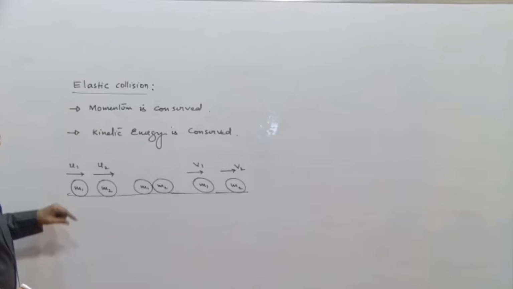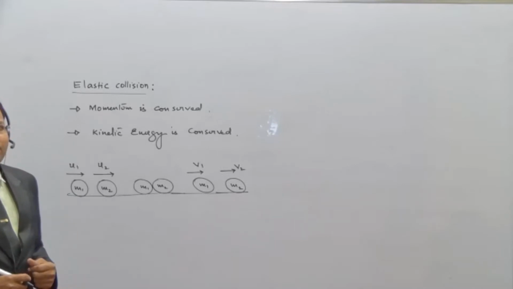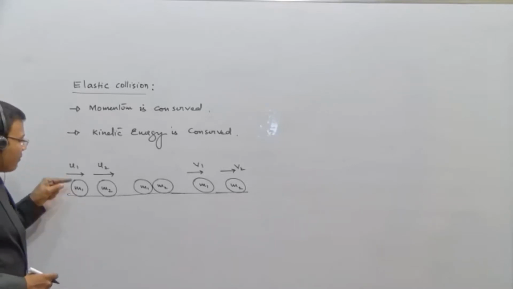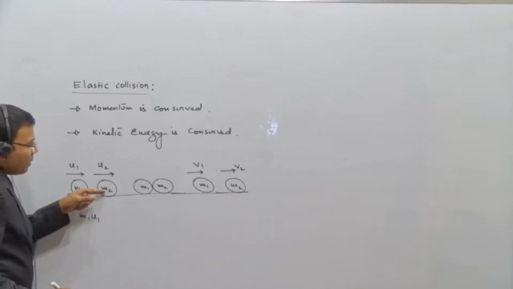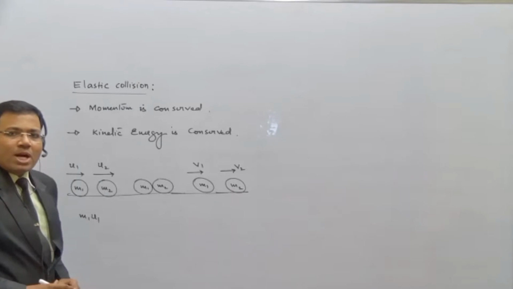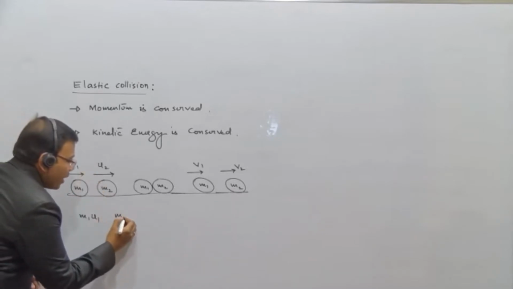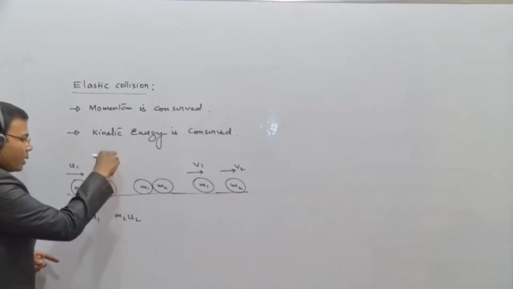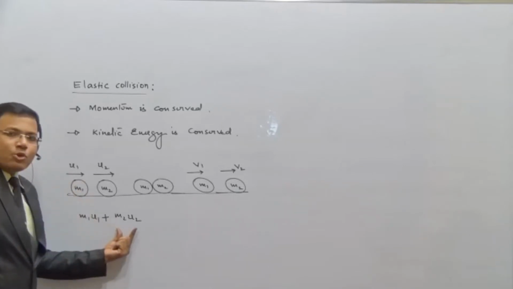Now, if I apply the first point, the momentum is conserved. What is the momentum of the first body? It is m1 u1, since momentum is the product of mass and velocity. The momentum of the second is m2 u2. The total momentum before collision is m1 u1 plus m2 u2.